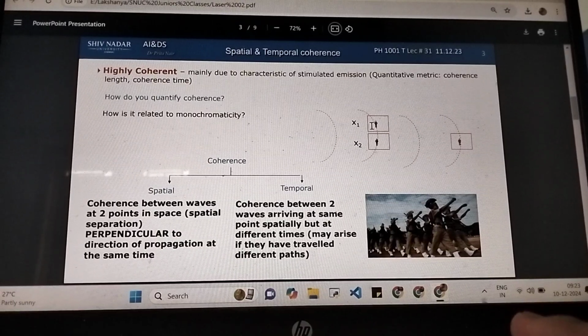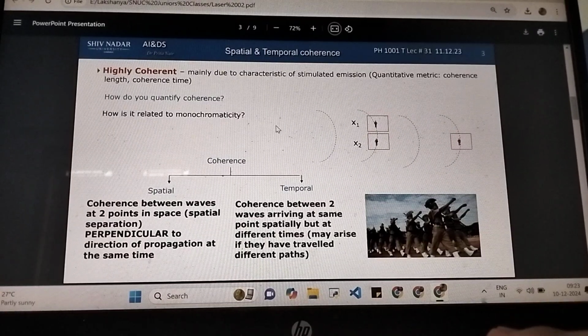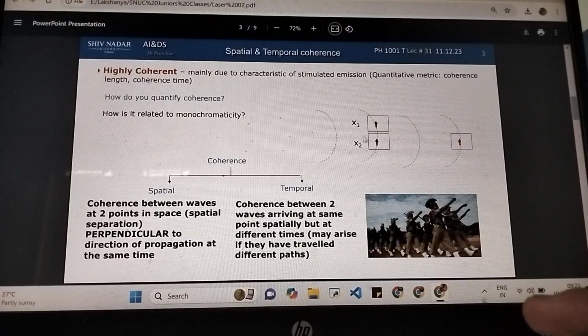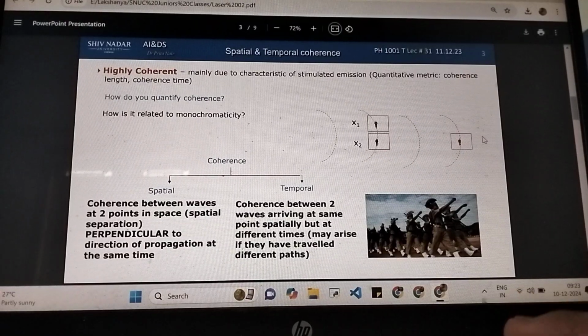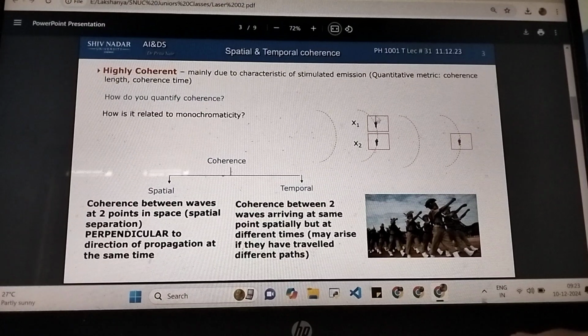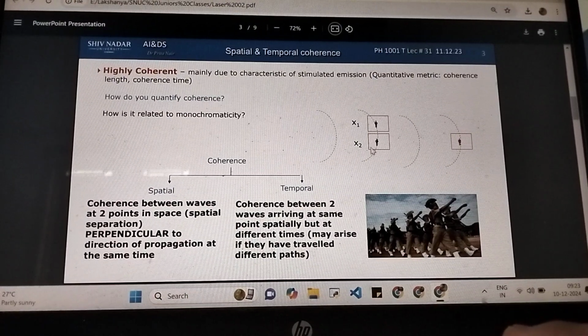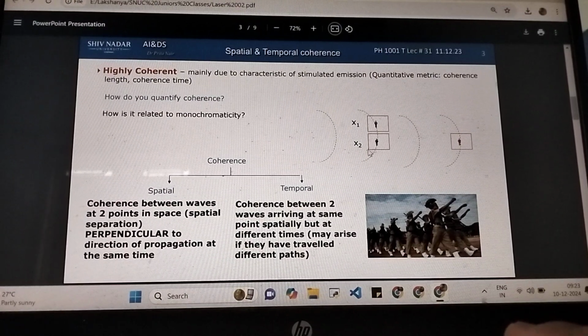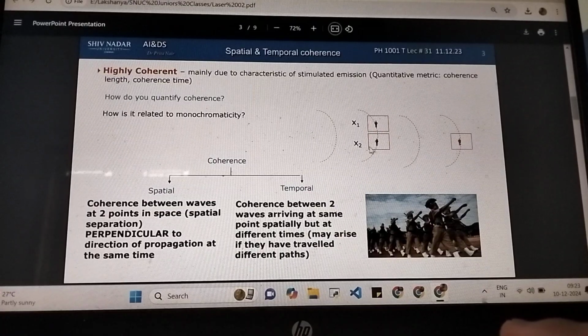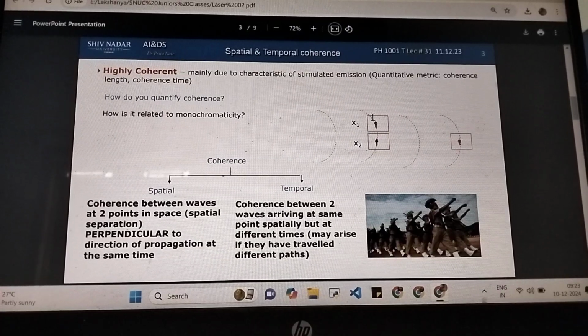In this part, ignore the people in the picture, just look at the curves. Each curve represents waves. The direction of propagation is from left to right, let's say. This is one wave here and this is one wave here. Are these two waves coherent? Do these two waves have the same frequency, and is their phase difference zero or constant? That is what we mean by spatial coherence.